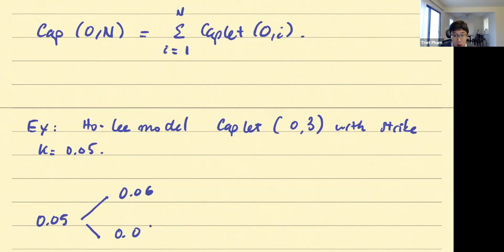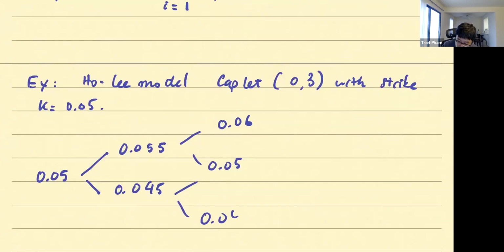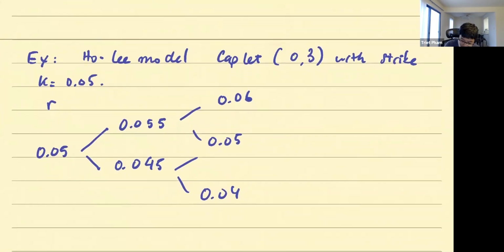Give me one moment. 0.055, 0.045, 0.06, 0.05, 0.04. Okay, so this is R. All right, so caplet 0.3 will make a payment here, and the payment is the difference between this guy and 0.05.